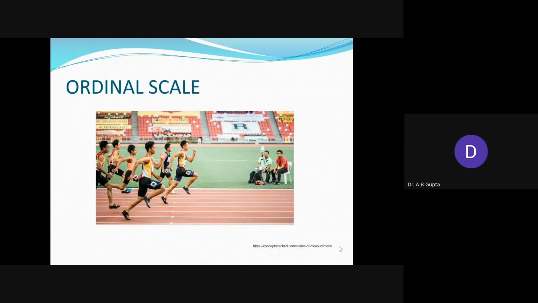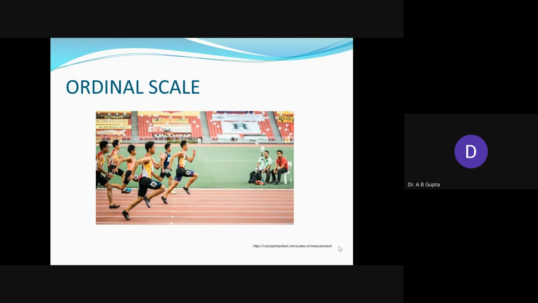So we have categorized, we have ranked, but intervals are not equal. You cannot say how much time there is between rank number one and two, and between rank number two and three. It is not equal. Is it clear?